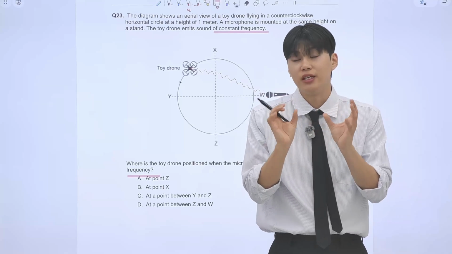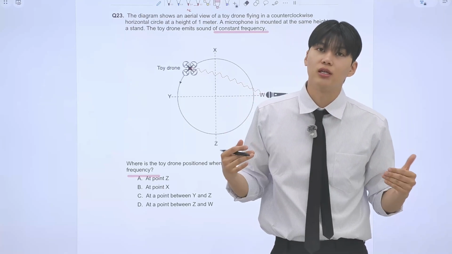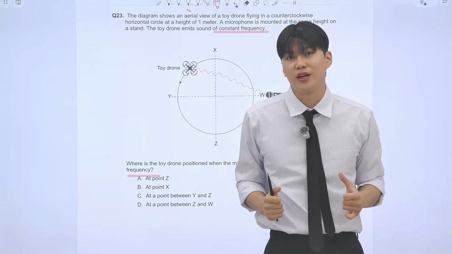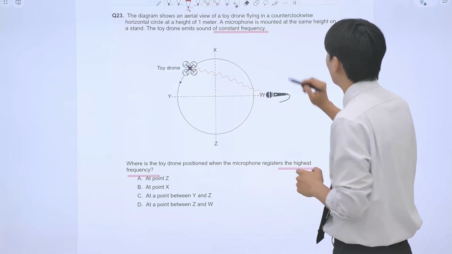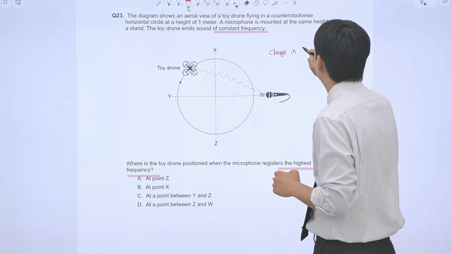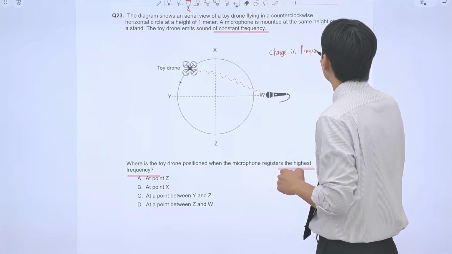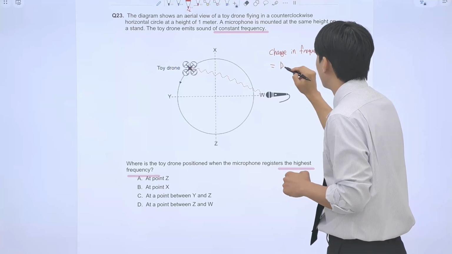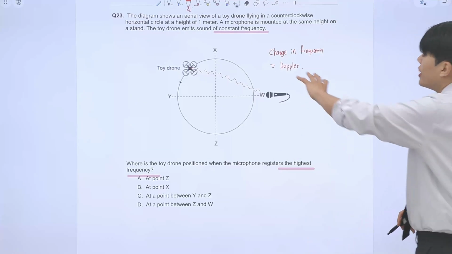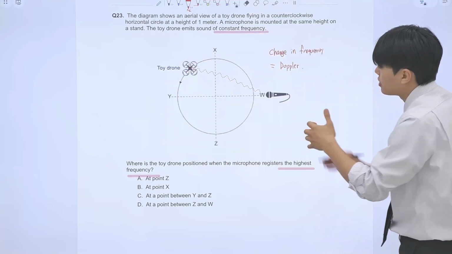If there is a change in frequency in an IB wave question, there's always the Doppler effect. That's one fact that you should know. So when the drone goes around, which part has the highest frequency?